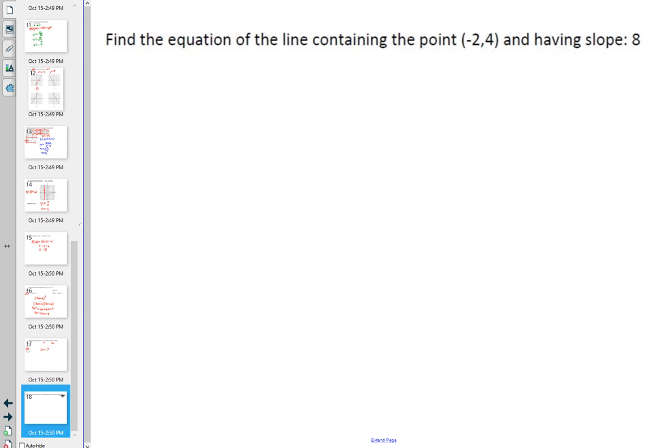And the last one. Also from the last test, this was not very good. But I don't know how easy it is. They're giving you a point and a slope. They want you to find the equation. I don't have them here on the board, but this was multiple choice. They just had all the equations written, and you pick the one, but they were all in slope-intercept. How do you convert? Well, first you have to write it in point-slope. What's the y of the point they're giving you? 4.